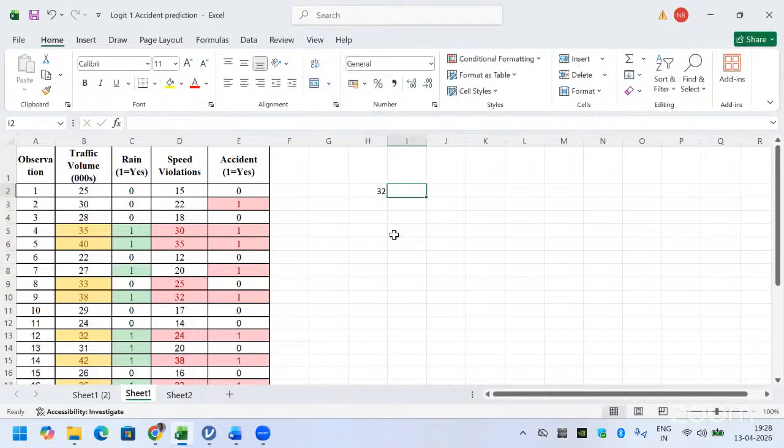So I'm writing traffic as 32, and for rain, if rain is happening I call it yes, but I'll make it no. If rain doesn't happen, that means it is 0. And for speed violations, I'm making it 28. If this happens, what is going to be the probability of having an accident?